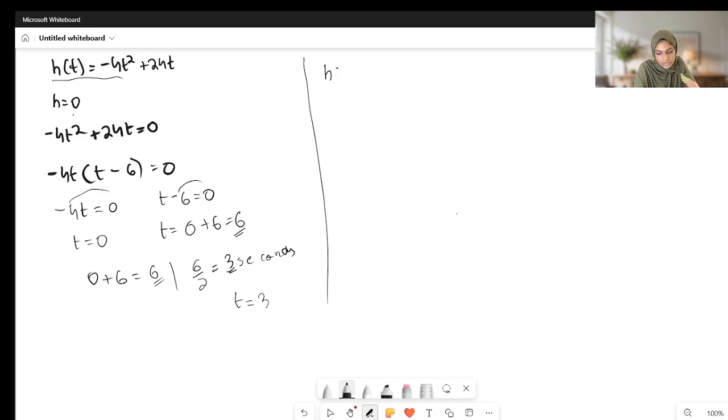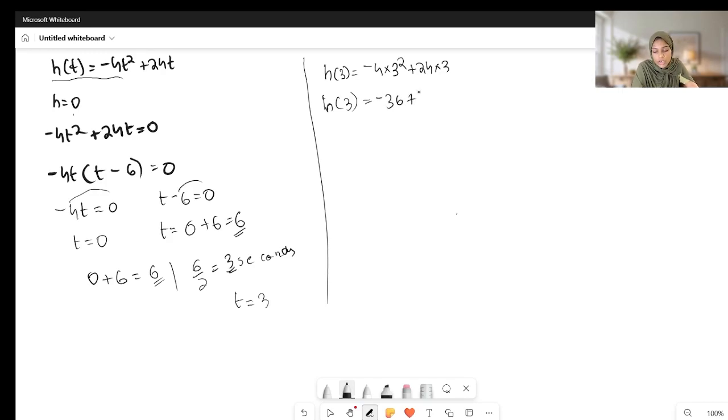So h(3) is equal to minus 4 into 3 square plus 24 into 3. 3 square is 9, and minus 4 into 9 is minus 36.